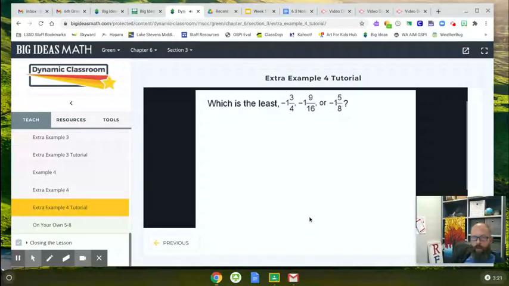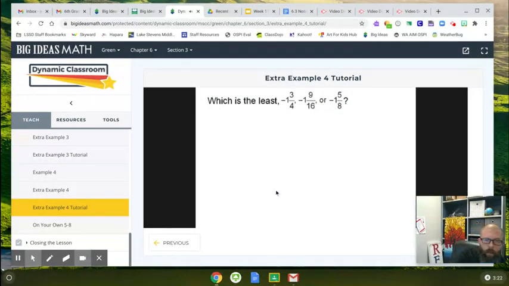To solve this problem, we will graph the mixed numbers on a number line. Because the denominators of the fractions are different, we need to rewrite some of the fractions so that they have the same denominator, which in this case is 16. Start with 3/4. To write an equivalent fraction, multiply the numerator and denominator by 4.